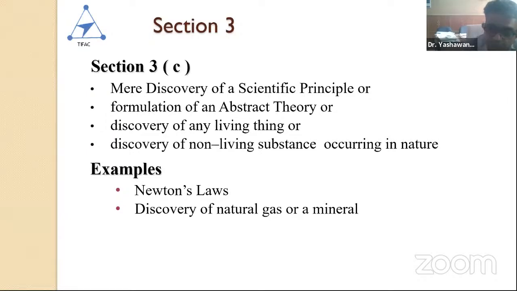So now if we project them as a scientific principle or as an abstract theory, let me take one example from this abstract theory, which I would take at the end of my talk.